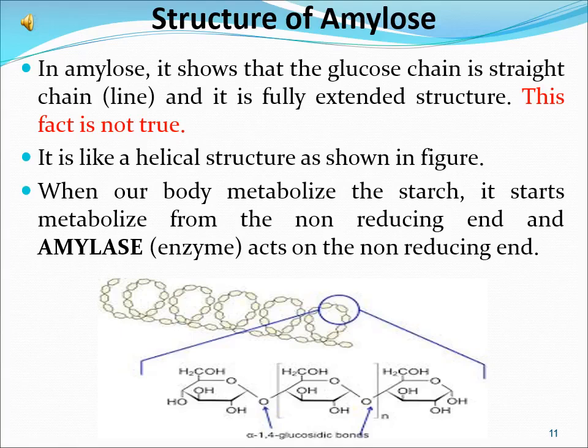When we see the structure of amylose, it shows that glucose chain is a straight chain, and it is a fully extended structure. But this fact is not true. It is like a helical structure as shown in figure below. When our body metabolizes starch, it metabolizes the non-reducing end, and amylase enzyme acts on the non-reducing end.